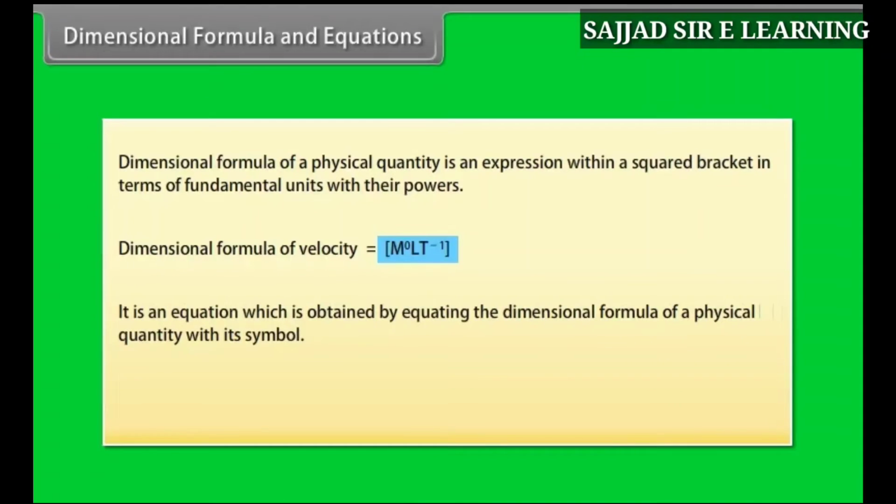A dimensional equation is obtained by equating the dimensional formula of a physical quantity with its symbol. Let us take an example. Dimensional equation of velocity is V is equal to under brackets M to the power 0 L T to the power minus 1.